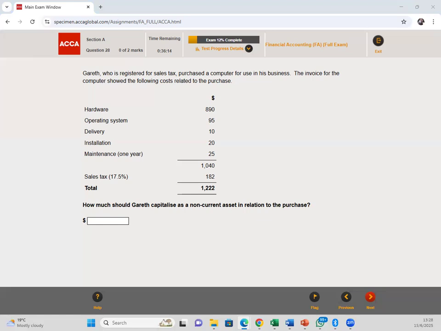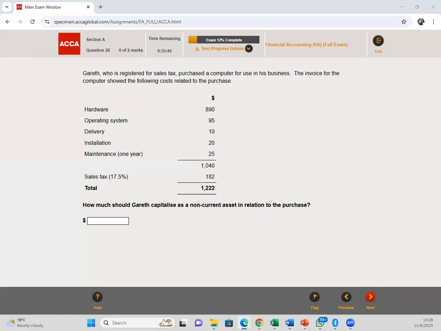If they are the ones using it, what should be the proper treatment there? The question is, how much should we capitalize as a non-current asset in relation to the purchase?